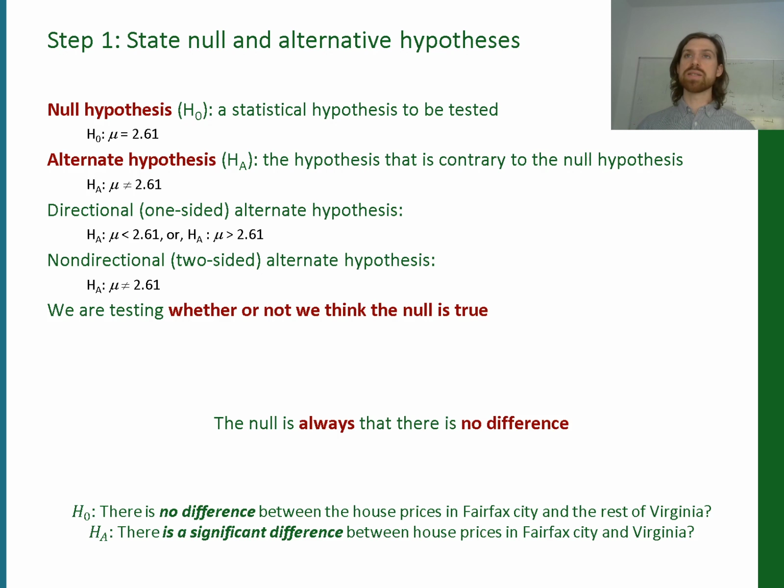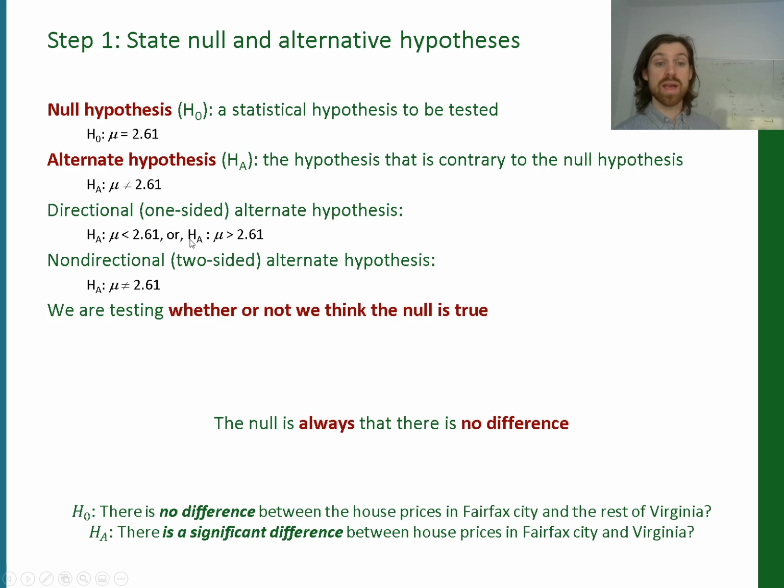For example, if I said that I think the house prices in Fairfax City are larger than elsewhere across the state of Virginia, then that would be a directional one-sided alternate hypothesis because I expect them to be larger than the population mean. Okay? So that would be this HA version here.